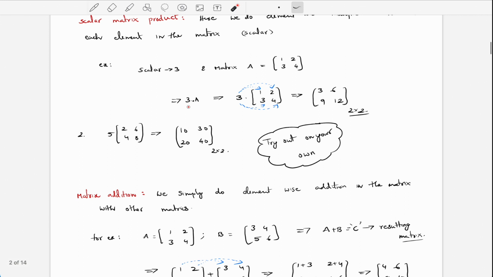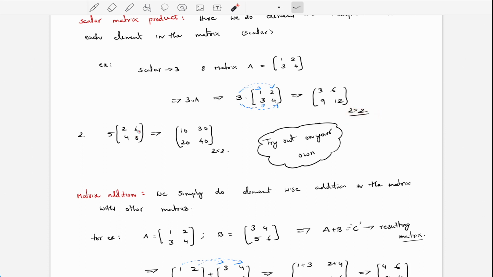We multiply the scalar with each element, and the resulting matrix is called our scalar matrix product. I hope you understand. This is a 2 into 2 matrix.